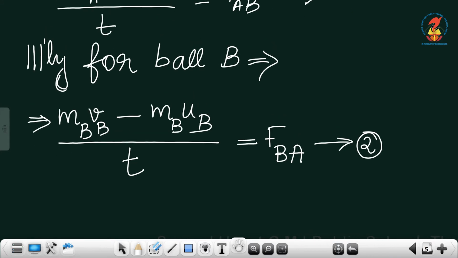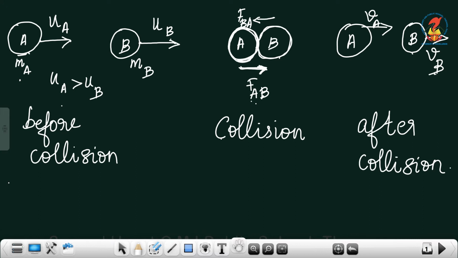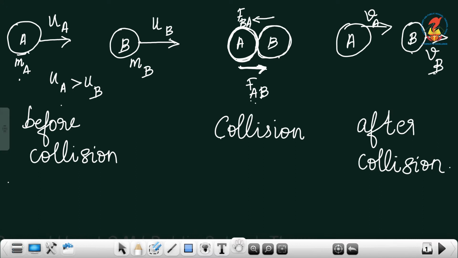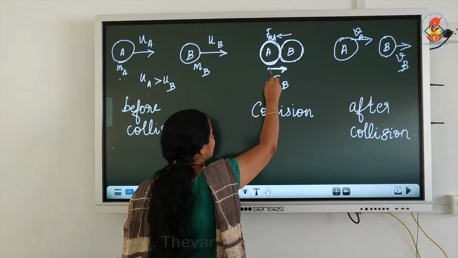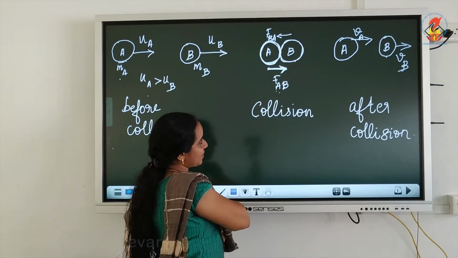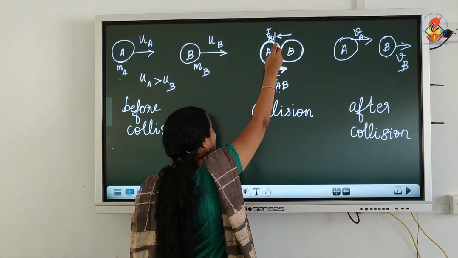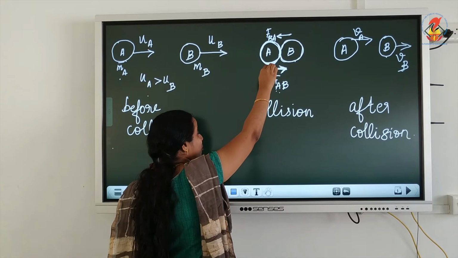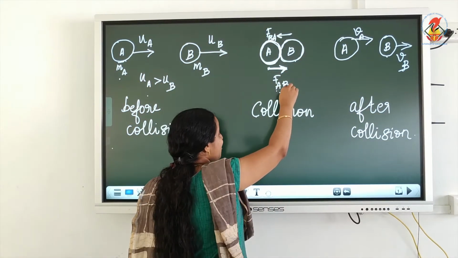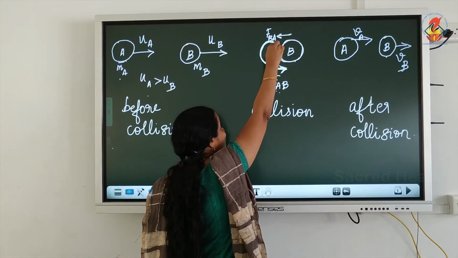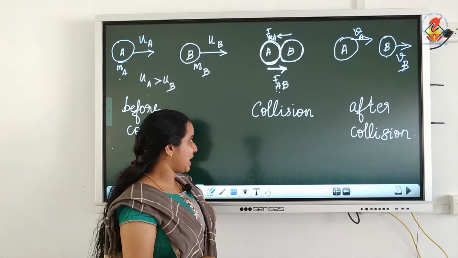Now here in the picture, we can see that when ball A exerts a force on ball B in the forward direction, according to Newton's third law, ball B exerts the same equal force on ball A but in the opposite direction. This FAB and FBA are equal but opposite in direction.